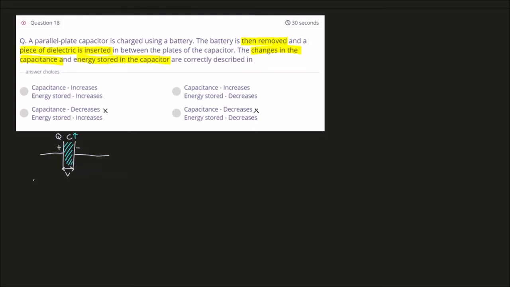Okay, so the next thing that they ask for is the energy stored. To determine the energy stored, we know that there are three formulas which are equivalent to each other. There's half CV squared, and there's also Q squared over 2C, and there's also half QV. Which equation to use here is something that you really need to think carefully about.